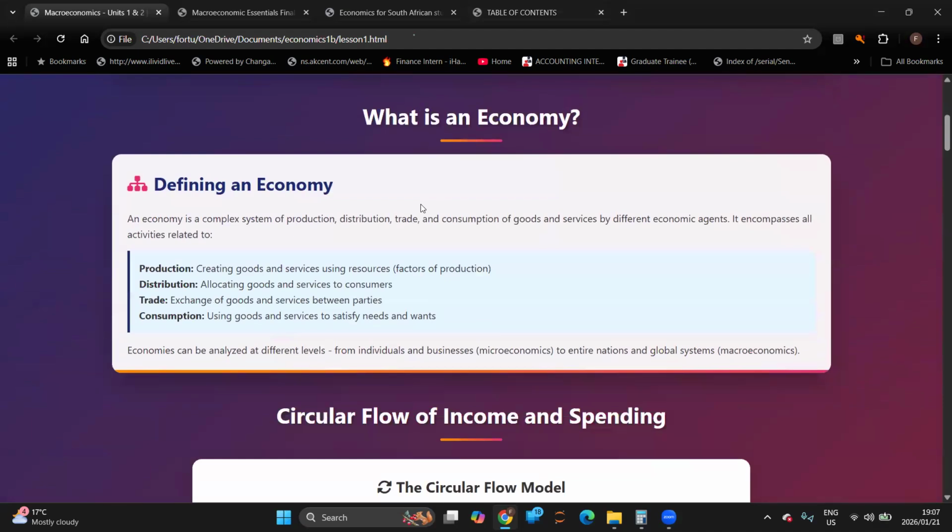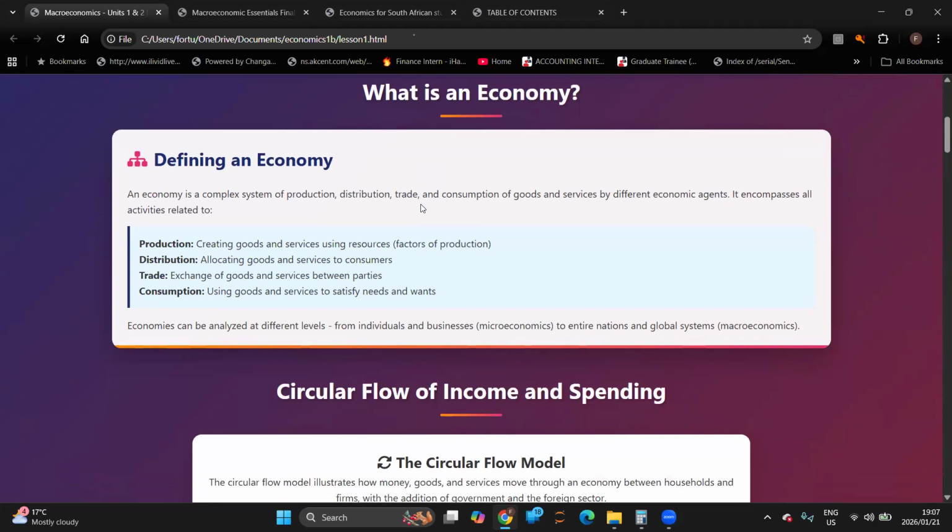The subject is economics. What are we talking about when we talk about an economy? An understanding of an economy gives us a broader understanding of the scope of the subject and the various approaches you can use in understanding an economy.